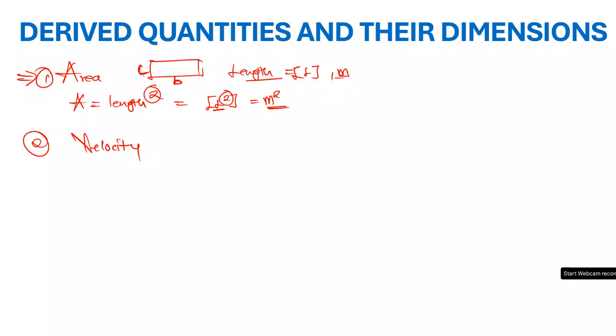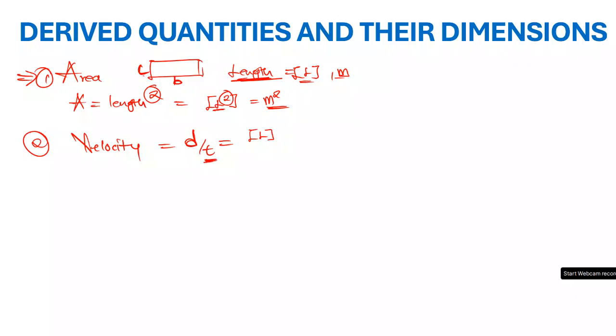How can we find the velocity? By definition, velocity is the rate of change of distance over time. This is the formula for velocity, but we know that the distance here is just length. So we replace it by the dimension of length, which is just L. Then what is time?